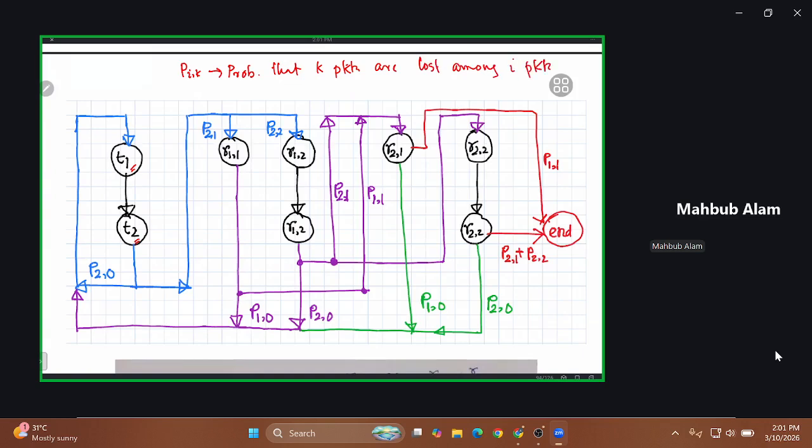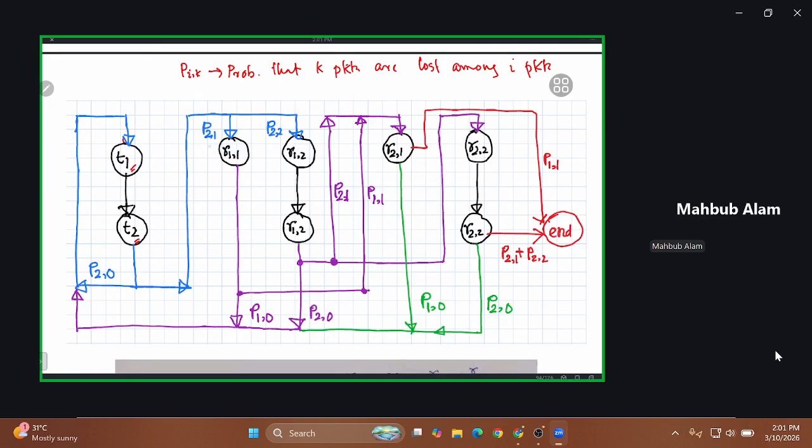So if between these two packets 0 packets are lost, that means you do not need to retransmit any of the packets. So with probability P_2,0, you go to the second batch of packets, the second window of packets.